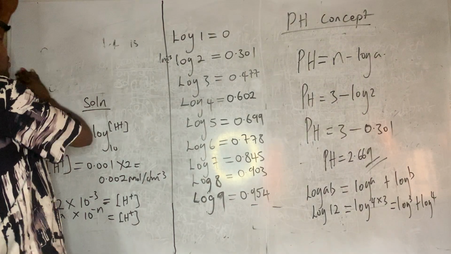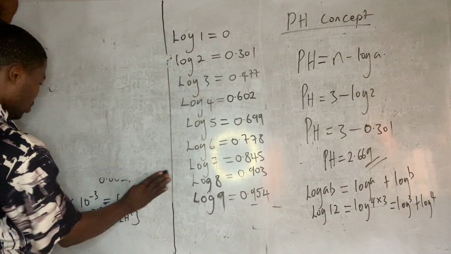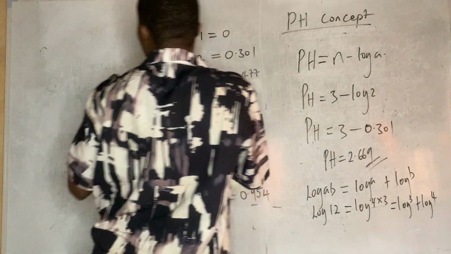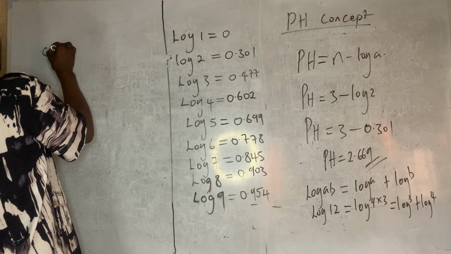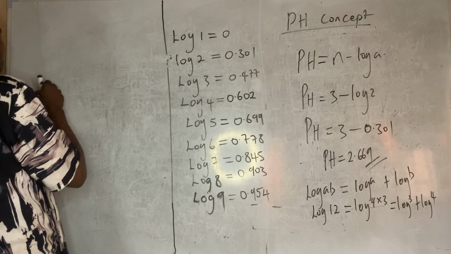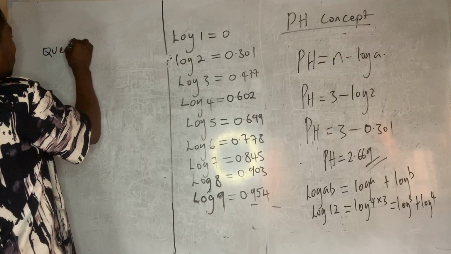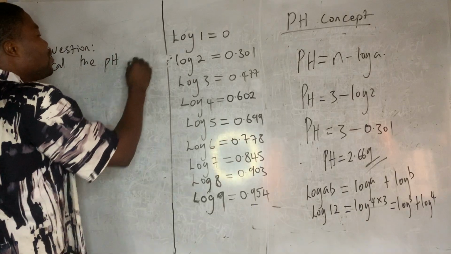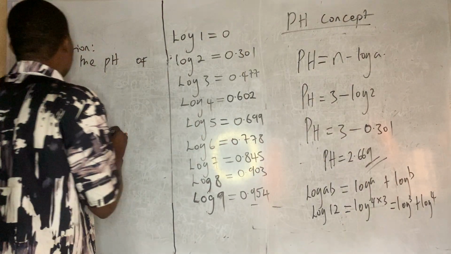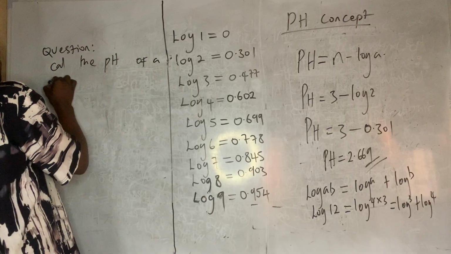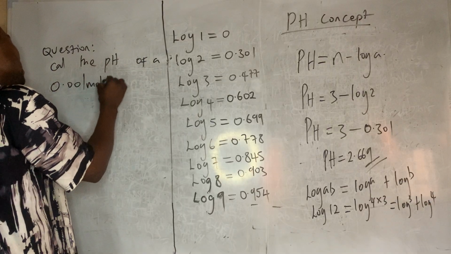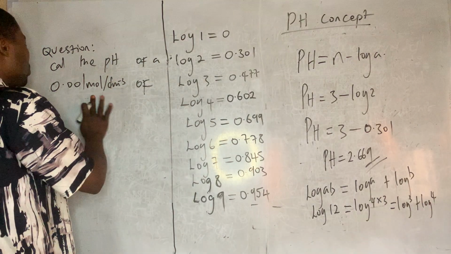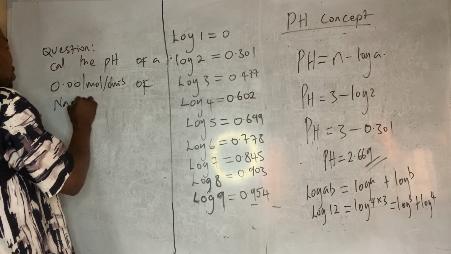So the question says, calculate the pH of 0.001 mole per dm cube of NaOH solution.